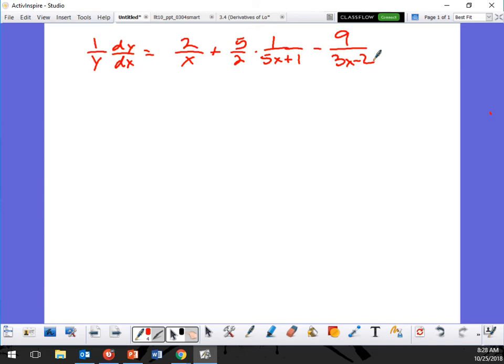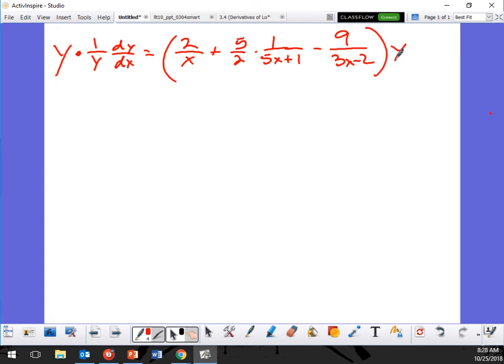So I'm trying to get y prime. Isn't y prime the same as saying dy/dx? Yeah. So I'm trying to get the dy/dx by itself. So to do that, I need to do what here? Multiply both sides by y.